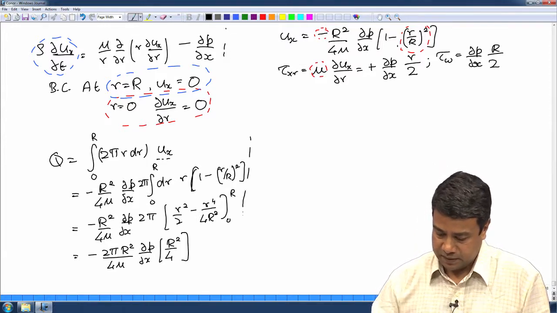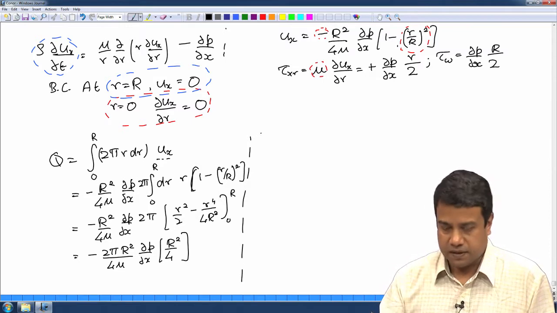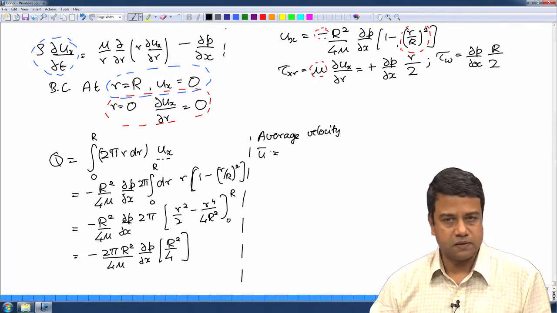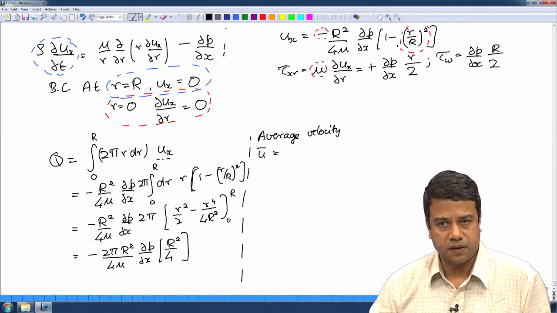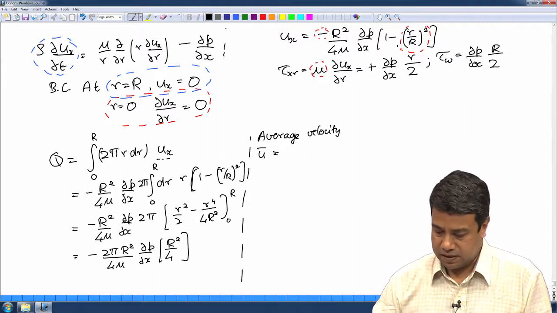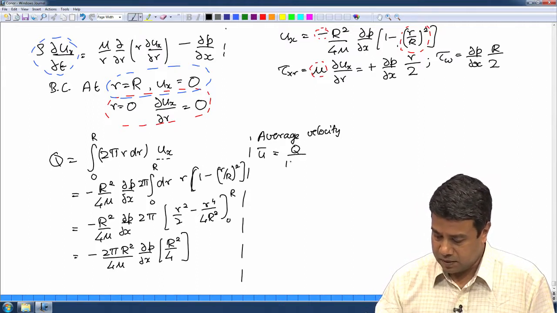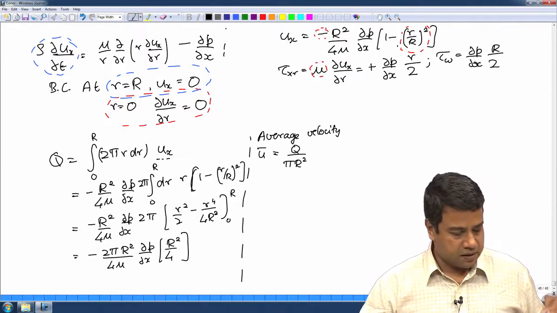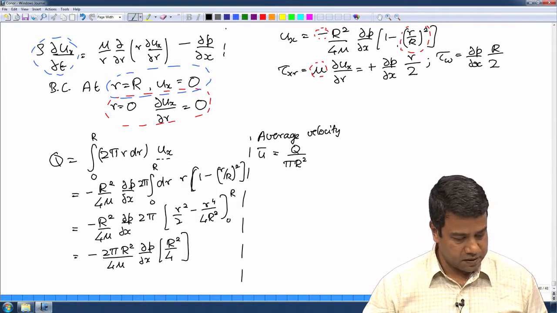And the average velocity u bar is equal to the flow rate divided by the cross sectional area, which is equal to Q by pi R squared. The average velocity is just the ratio of the flow rate and the cross sectional area.